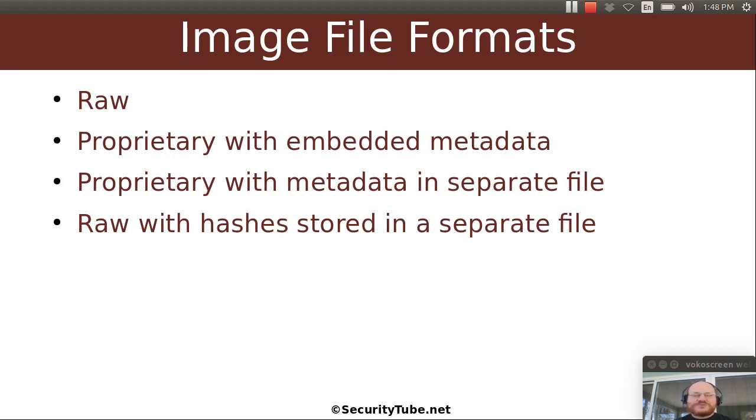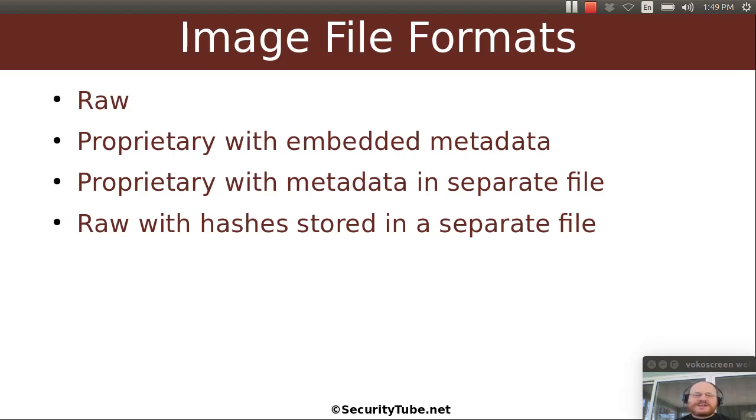Some tools can operate on compressed images and some of them will not operate on a compressed image. Even if your tool will operate on a compressed image, it's going to be a lot slower because it has to uncompress the image all the time. There are also several proprietary formats, some of which embed the metadata into the file.